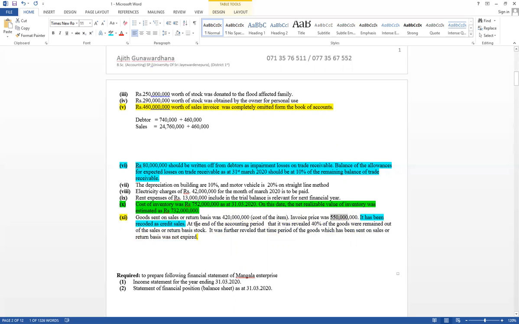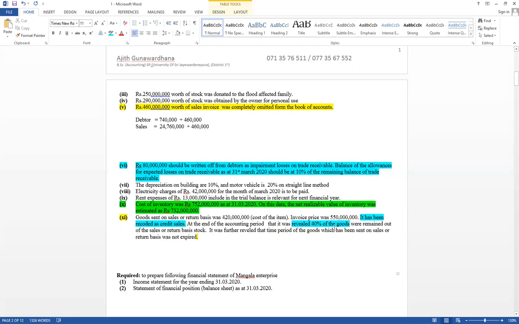But it has been given that at the end of the accounting period, 40% of goods remained unsold out of the sales or return basis stock. It means 40% was not sold. It has been recorded already as a credit sale. The invoice price is included in debtors and sales, but 40% was not sold.